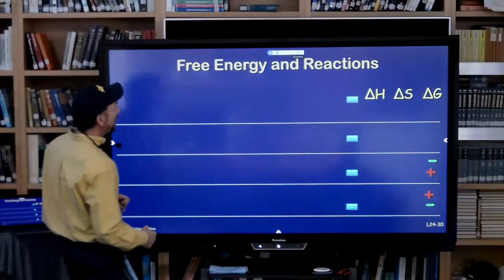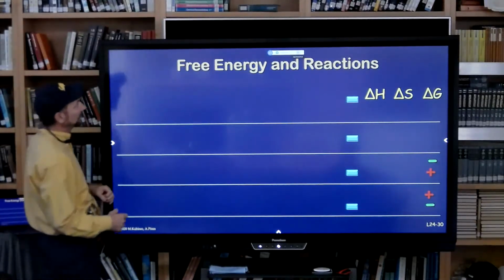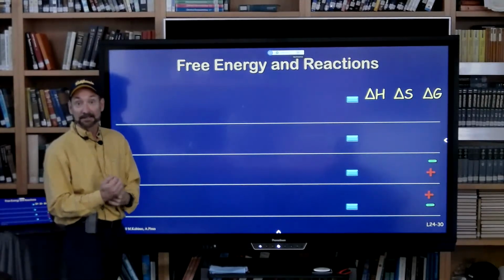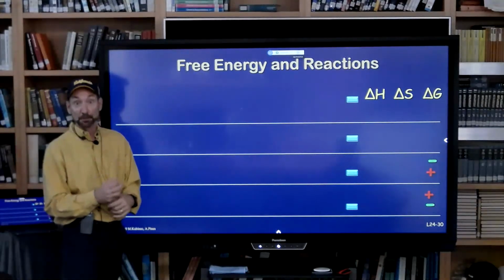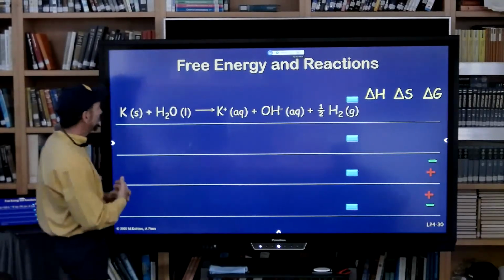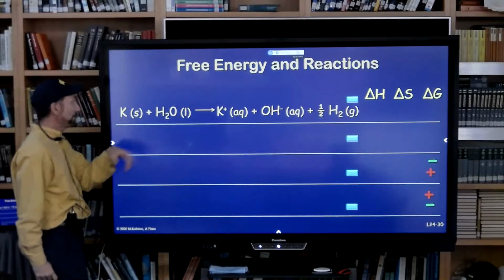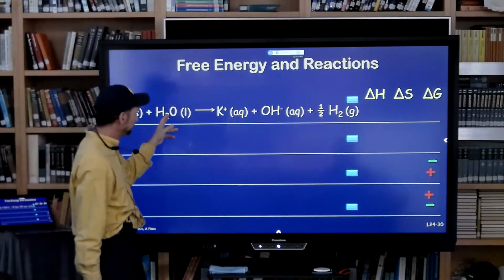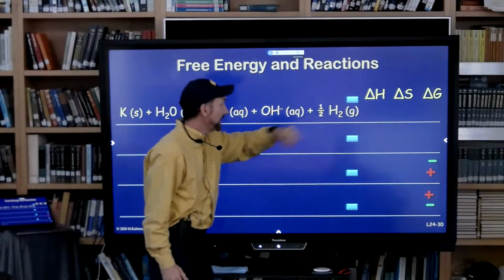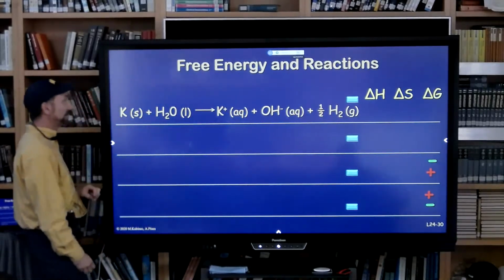That's the same thing. So let's look at a couple chemical reactions now. This is where we're kind of bummed that we're not in Pimentel Live, because now we can do a bunch of chemical reactions and look at them. So let's look at a typical one. Here's potassium metal and liquid water reacting to form potassium ions, hydroxide ions, and hydrogen gas.